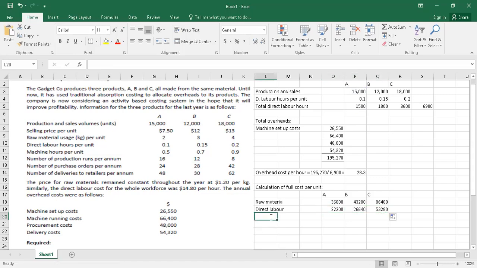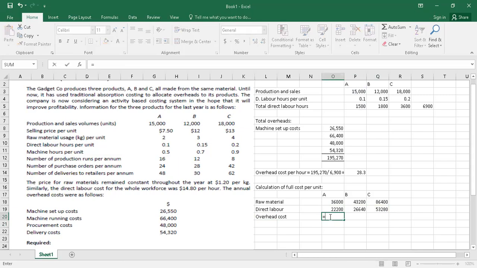Then comes the overhead cost. The overhead rate is given as 28.3. So now 28.3 into that many labor hours.